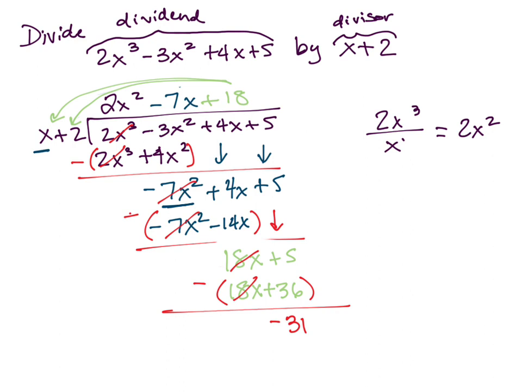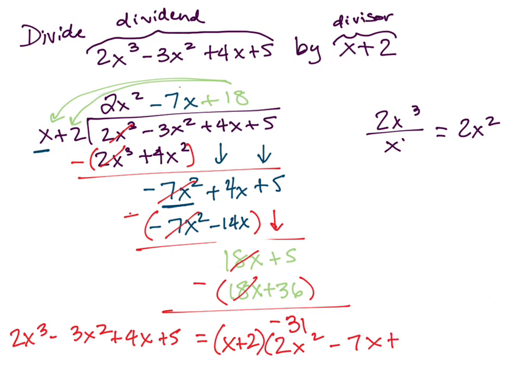Now we just have to write our answer. The way this works out is we say that the dividend, 2x cubed minus 3x squared plus 4x plus 5, is equal to the divisor, x plus 2, times the quotient, which we got to be 2x squared minus 7x plus 18, with a remainder of 31.